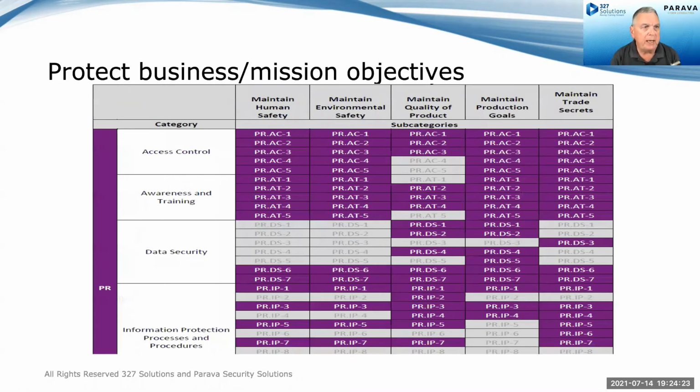For the protect category, you see the controls that are listed for access control, awareness and training, data security, information protection processes and procedures that support human safety, environmental safety, maintaining quality of products, maintaining production goals, and maintaining trade secrets.